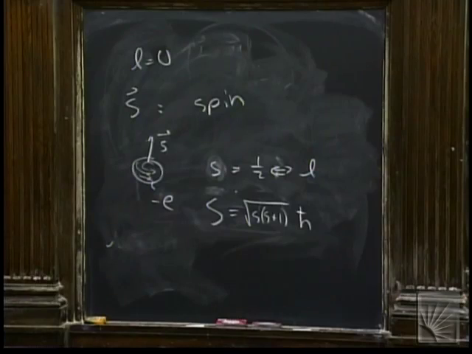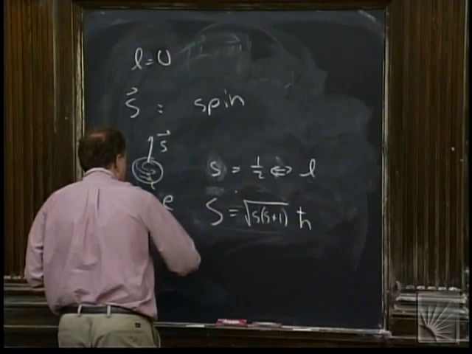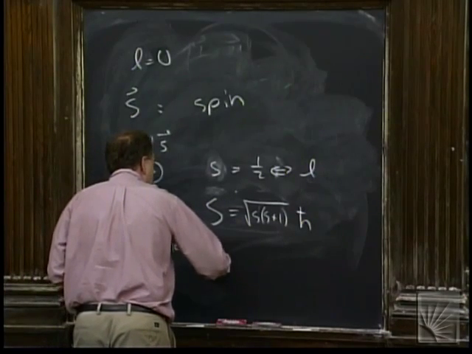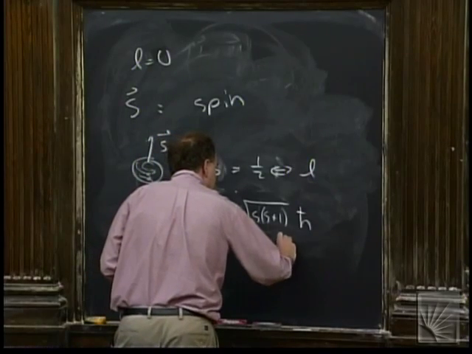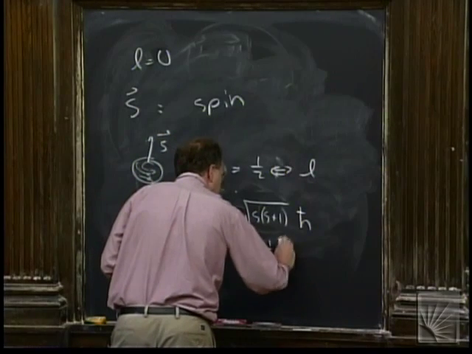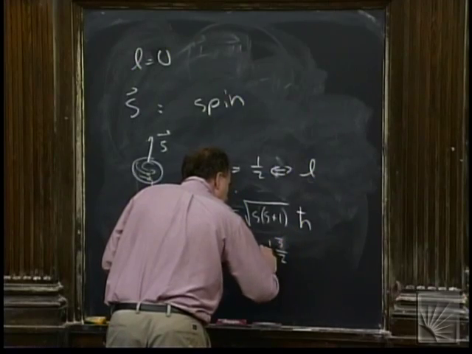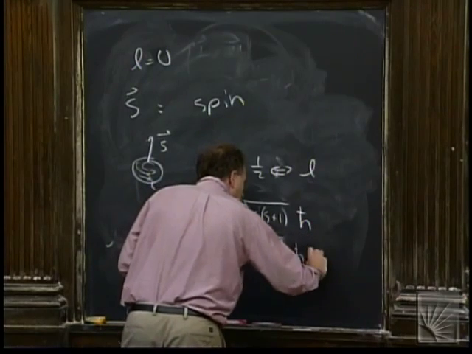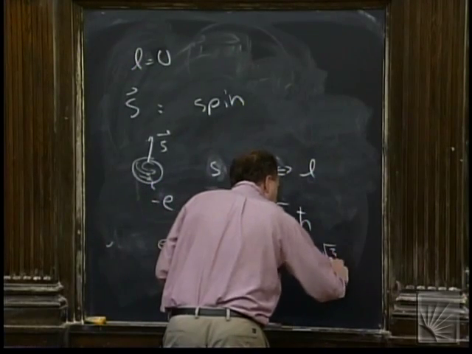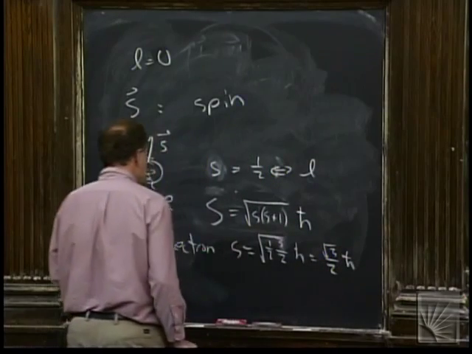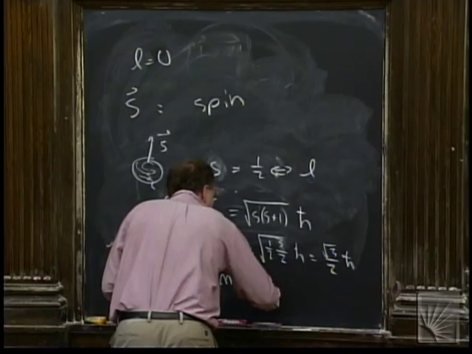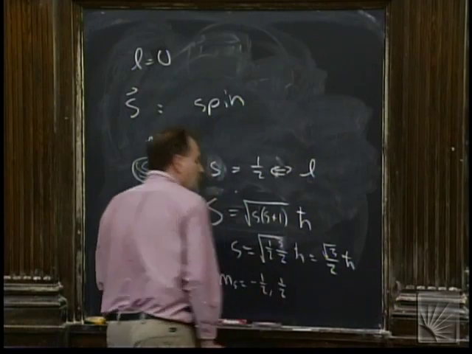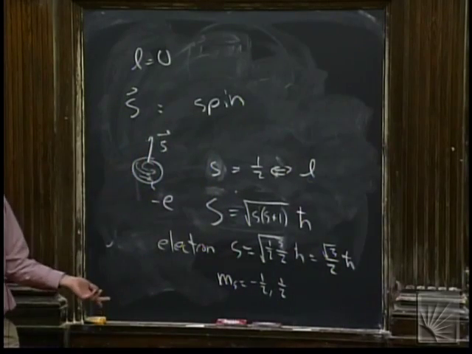And so for the electron, it's a half times 3/2, square root, times h bar, which is root 3 over 2 h bar. And there's m sub s, which is equal to minus 1/2 and plus 1/2 for an electron.